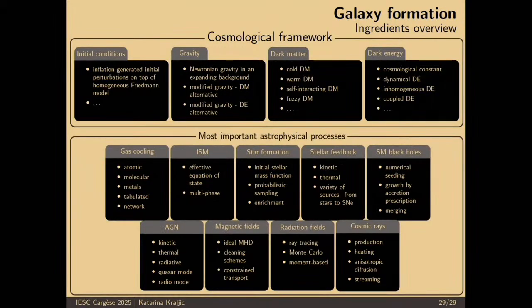And this is really just for fun, to show you the complexity of galaxy formation and evolution. You need to capture the cosmological framework, and here is just a list of a few astrophysical processes and the possible ways they impact the galaxy. So if you are interested, you can go through that.